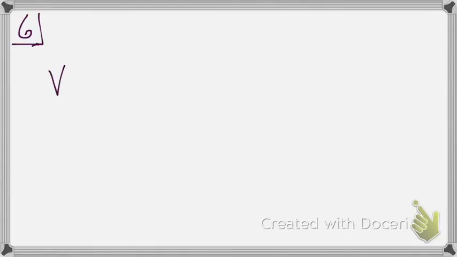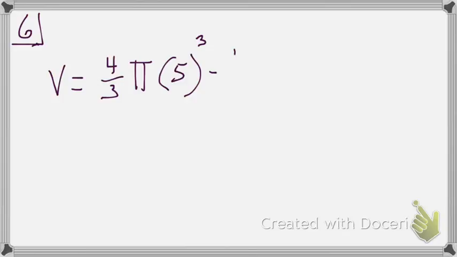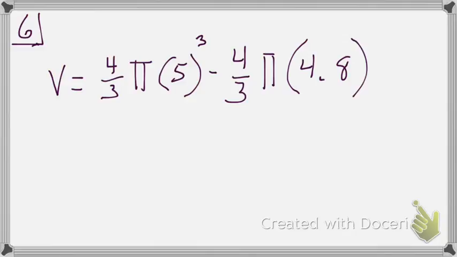Well, this isn't necessarily that hard a problem. Go 4/3 pi times the outside radius cubed, and then subtract off the radius of the inside cubed.